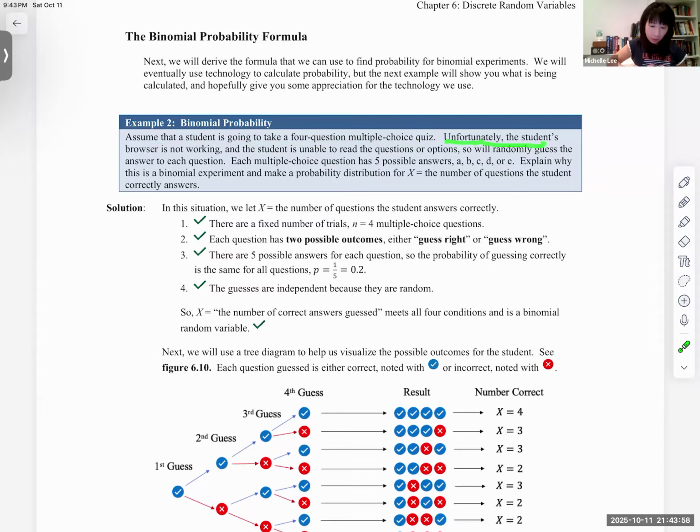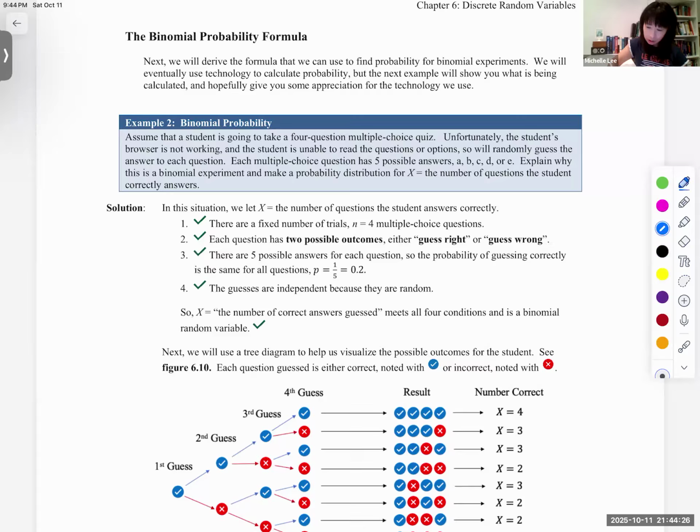Unfortunately, the student's browser is not working and the student is unable to read the question or options. So we randomly guess the answer to each question. Each multiple choice question has 5 possible answers.